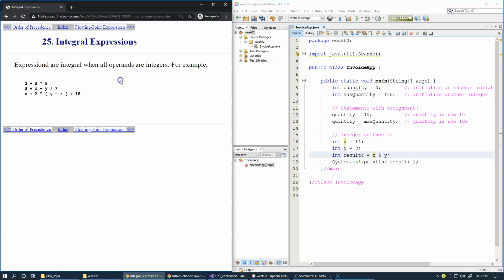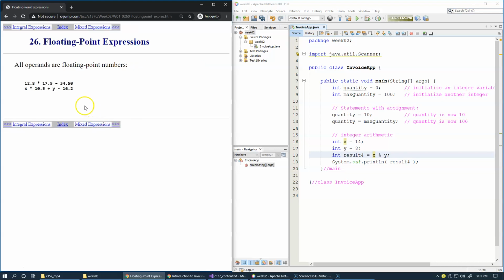Integral expressions simply rely on integral or integer operands. So anything that looks like an integer without a fractional part is commonly known as an integral expression. And floating point expressions, of course, involve fractional numbers, real numbers, or floating point numbers.